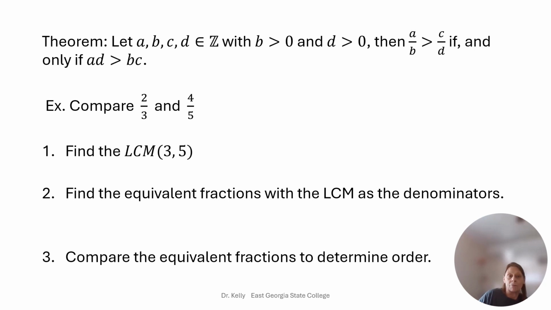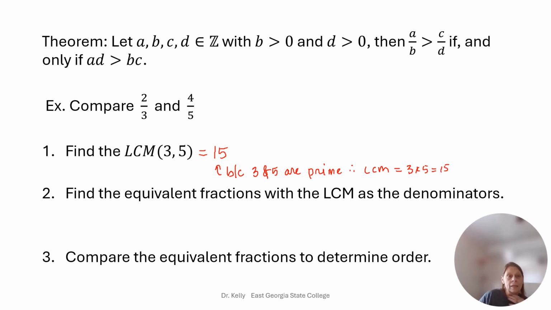Because 3 and 5 are both prime, the LCM is 15. Therefore, LCM is equal to 3 times 5. It can't be anything else.